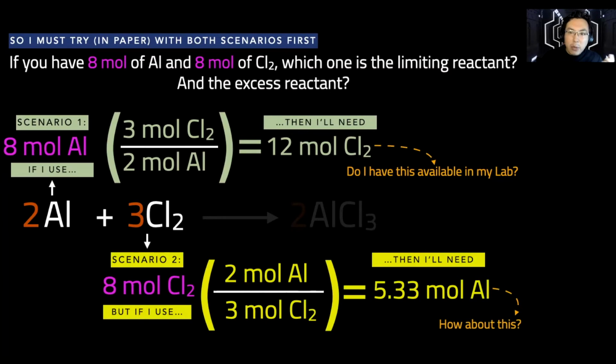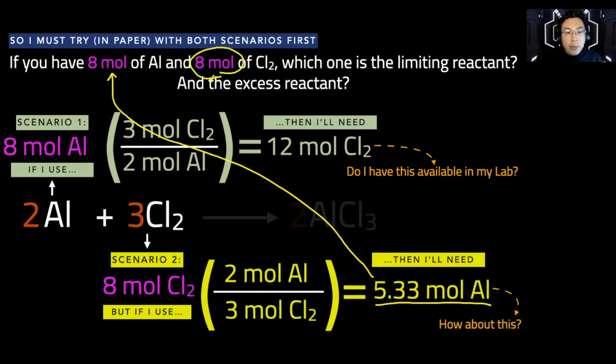If I need 5.33 moles of aluminum, I can compare with my original amount, and I will find out that what I need is actually less than what I have, which means yes, I can do it. I can use my entire stash of chlorine, and I will have enough aluminum to maximize the amount of product I can make.